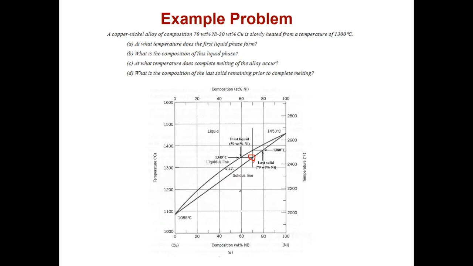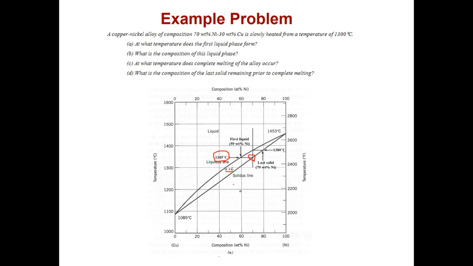That's the point I was talking about right here. If we extend it to the vertical axis on the left, it gives us this temperature. At this temperature, the first drop of the liquid phase appears because the alloy is entering the two-phase region where we can have liquid and solid present at the same time.